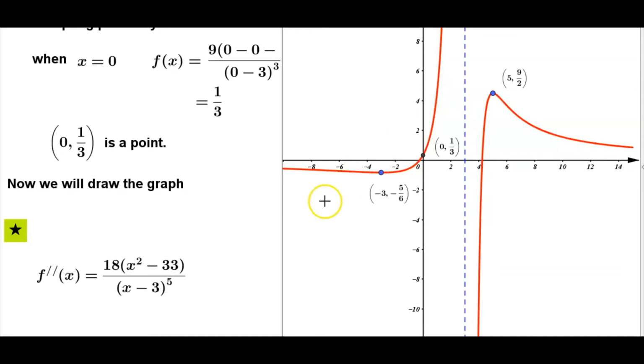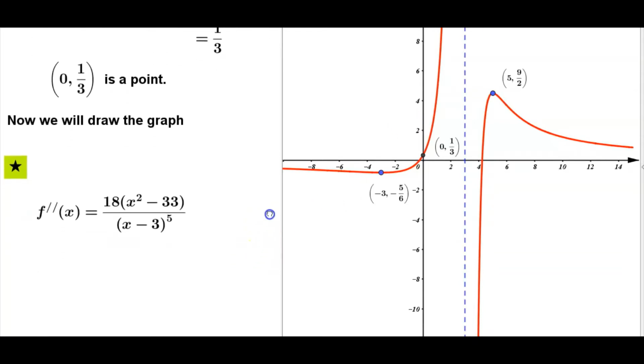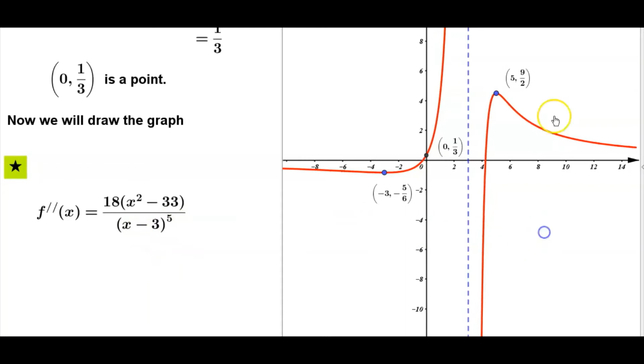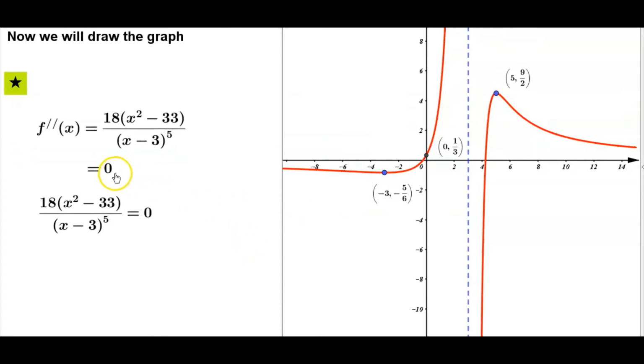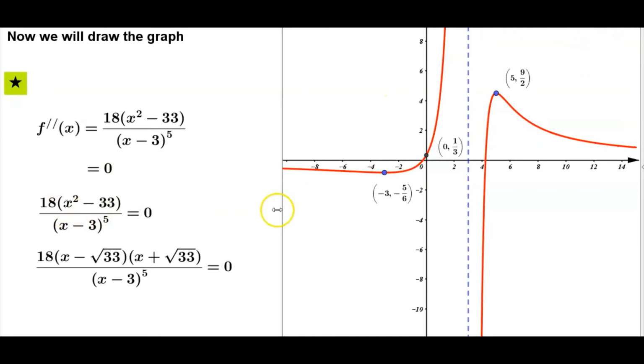Okay, next part, we are given the second derivative of this function, f double dash x. We can find it out, but we are given 18 into x squared minus 33 over x minus 3 to the power 5. This one is equal to 0. When f double dash x is equal to 0, the numerator is 0.